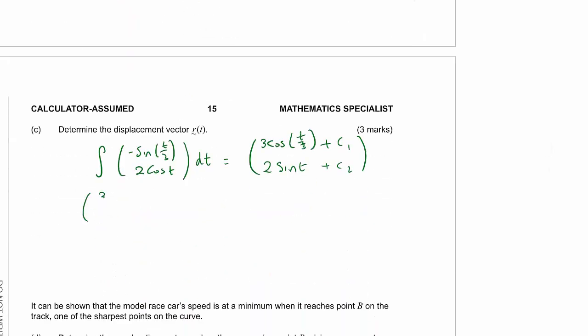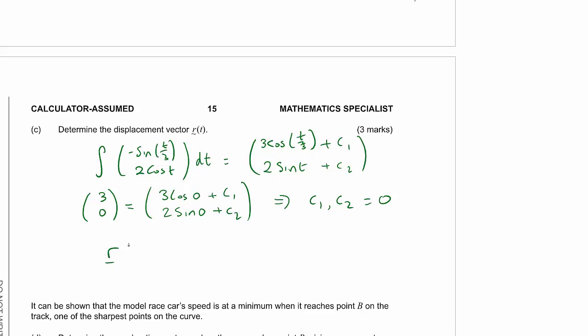So we can say that 3, 0 is equal to 3 cos 0 plus c1 and 2 sine 0 plus c2. The cos of 0 is 1 and sine of 0 is 0, so that tells us that c1 and c2 are both 0. So our position vector r of t is going to be 3 cos t upon 3 and 2 sine t.